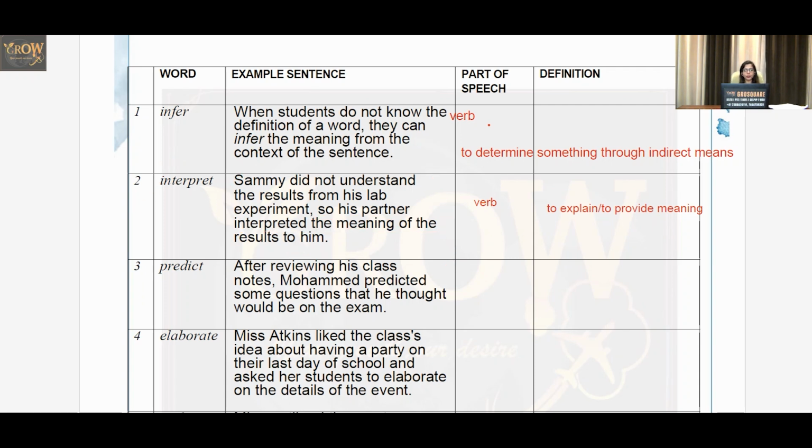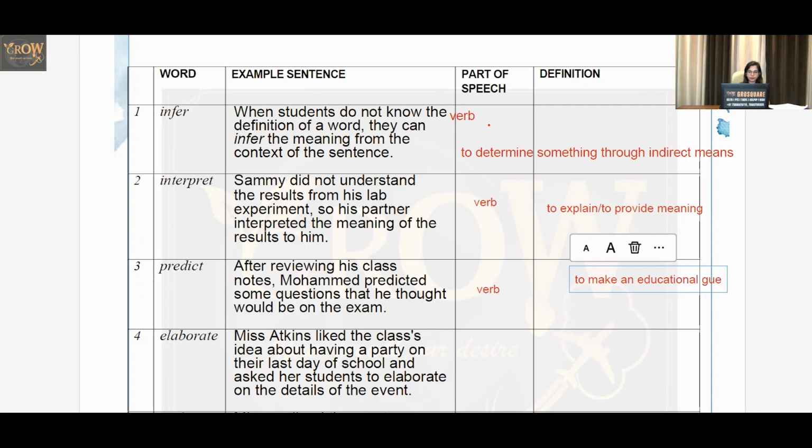Let's move ahead towards the next word, and this is predict. So again, predict is also a verb. Now, when it comes to discuss the meaning of the word, predict means, as you know, to make a guess, but we will write to make an educational guess.